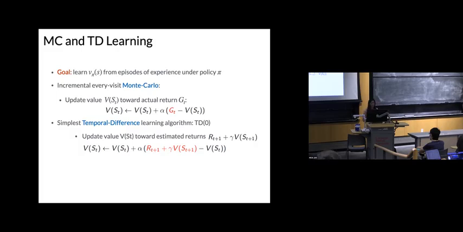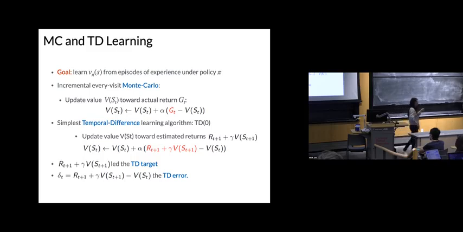That quantity, immediate reward plus gamma times V of the next state, and by the way rewards and next states are all random variables that change as you sample experience, we just sample them. This is the target. We call this the TD target. The way your current estimate V(S_t) deviates from the target, we call the temporal difference error, and each of those tiny updates tries to minimize that TD error. Is that clear?